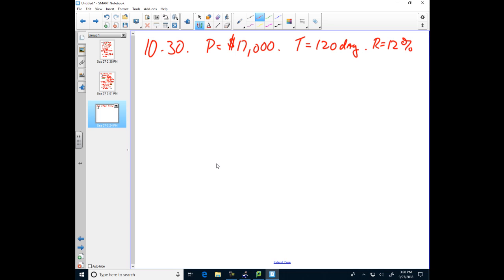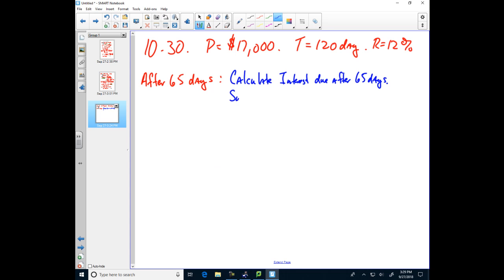So here's the way I do it. After 65 days, here's what you want to do. Calculate, I'll write it down: calculate interest due after 65 days. Subtract that interest from the payment.